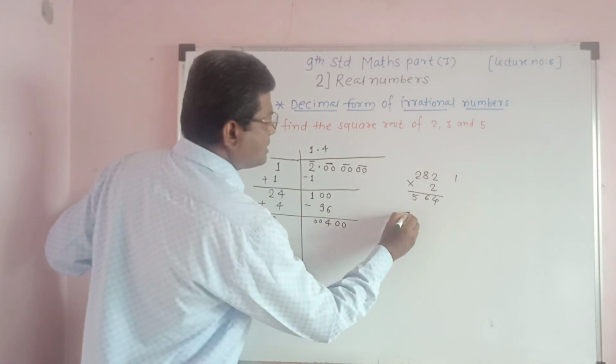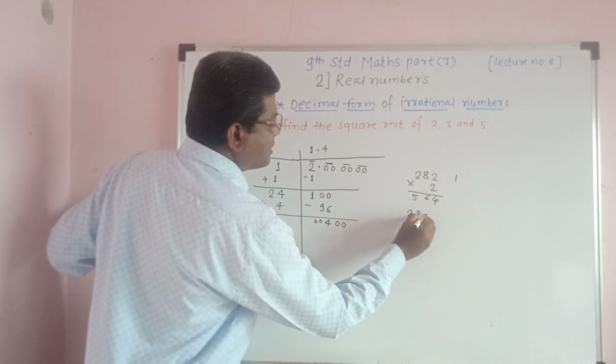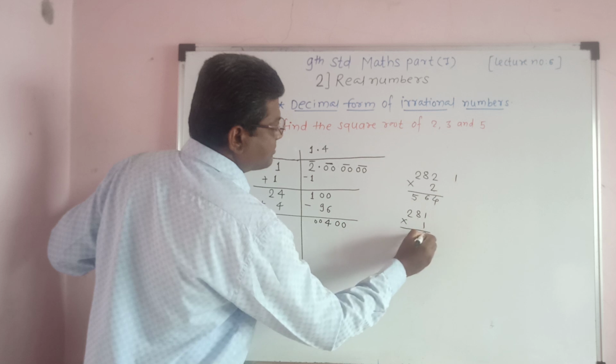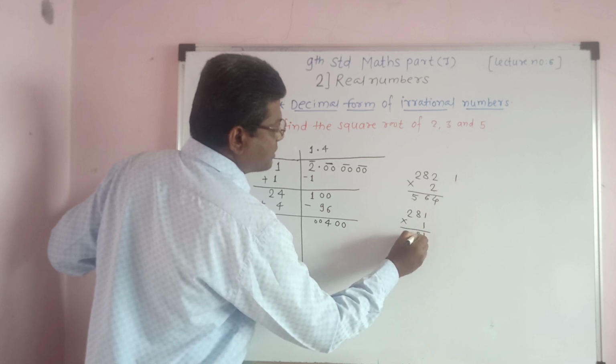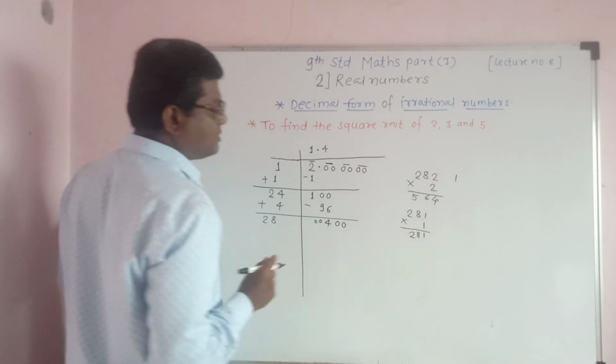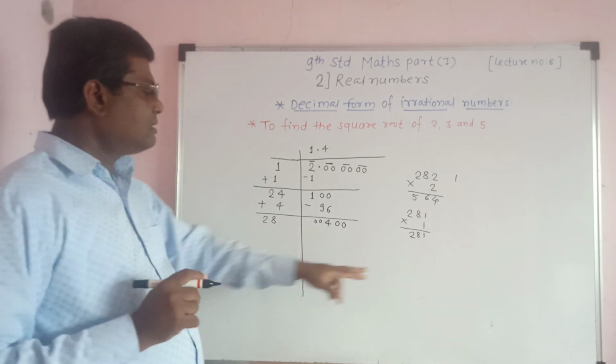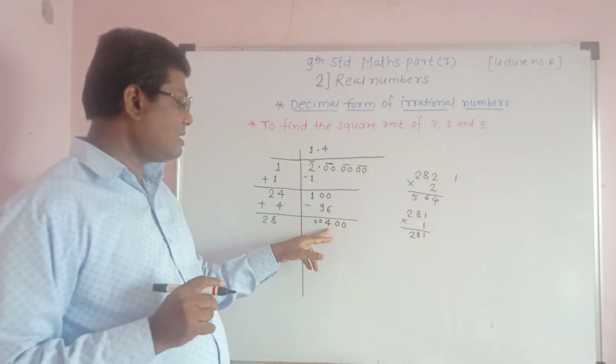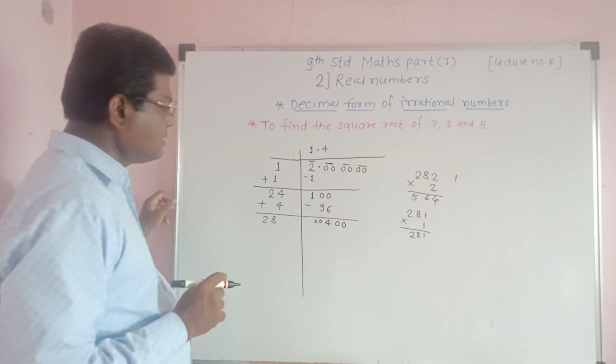Therefore, we take 1 on 28 and multiply it by 1. Therefore, we get the number 281. Now this number 281 is less than 400 and closer to 400.